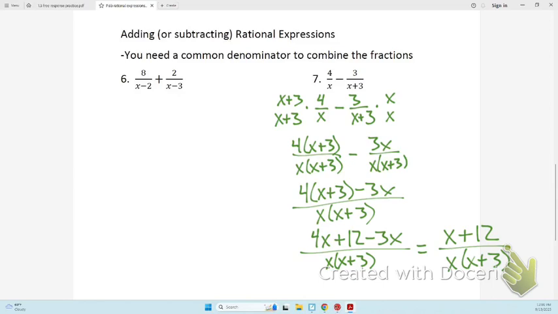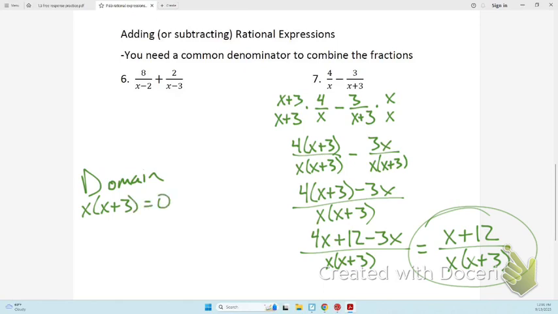For domain, it doesn't ask for domain, but let's practice it. Remember, you set the denominator equal to 0. So by the way, that was simplified over here. So let's set the denominator equal to 0. And a lot of people ignore that x, but that x on the outside does mean it's a factor, it does mean that x cannot equal 0.